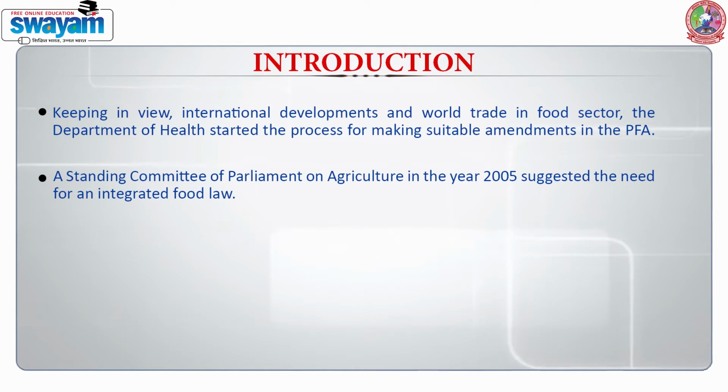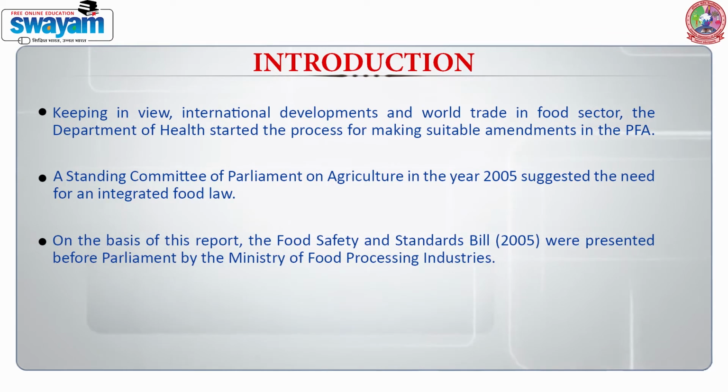A standing committee of Parliament on Agriculture in the year 2005 suggested that there is a need for an integrated food law. On the basis of the report, the Food Safety and Standard Bill 2005 was presented before the Parliament by the Ministry of Food Processing Industries.